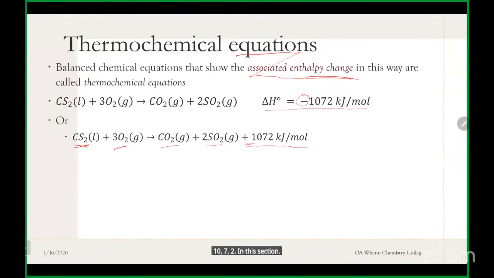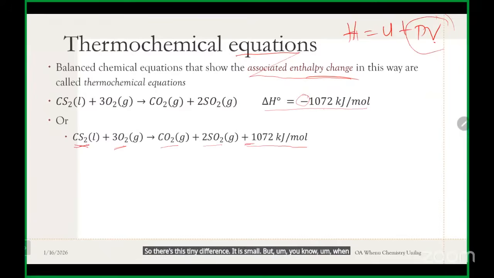Yes, please. There is a difference between internal energy and enthalpy. As a matter of fact, H is equal to U plus PV. So there's this tiny difference. It is small, but when you're doing really very sensitive work, that tiny difference makes a lot of sense.